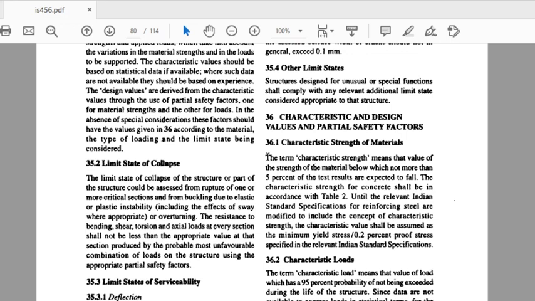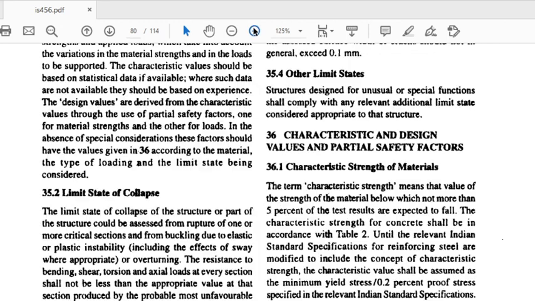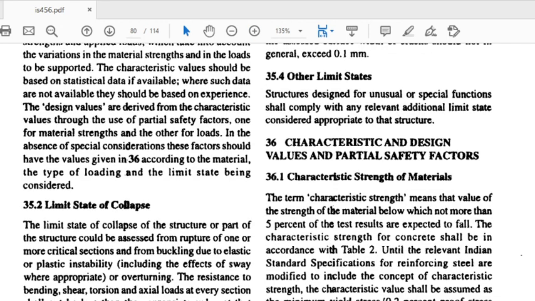So you must understand. Then what is meant by characteristic load? The term characteristic load means the value of the load which has a 95% probability of not being exceeded. This is very much important. Expanding this: characteristic strength means the value of the strength of a material below which not more than 5% of the results are expected to fall.